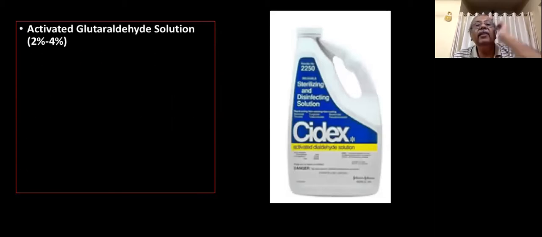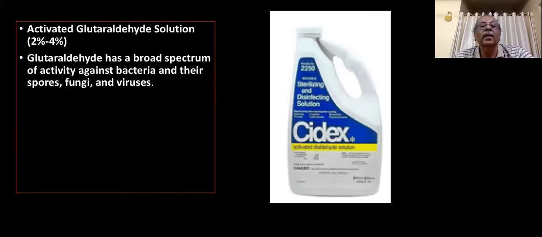Then another material that is used frequently nowadays, especially when you sterilize the arthroscope and all, is Sidex. The Sidex is activated glutaraldehyde solution 2 to 4%. It has broad spectrum activity against bacteria and their spores. It is sporicidal, and acts against fungi and viruses.